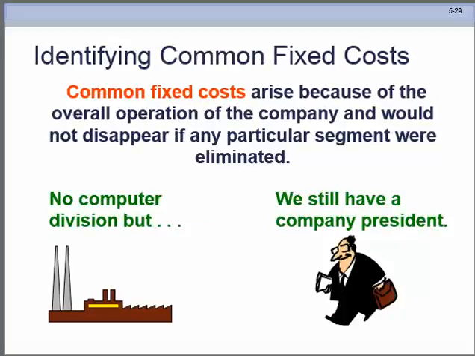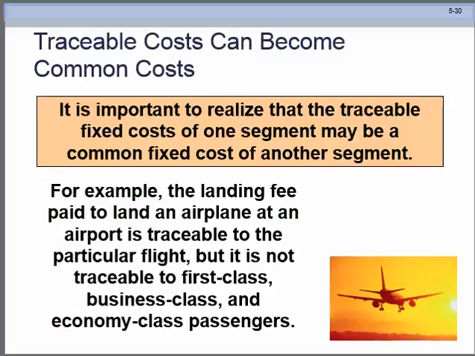Common fixed costs would arise because we still need a company president, and we still need a general accounting division. Okay? And so one of the ideas here is traceable fixed costs of one segment may be a common fixed cost of another segment.